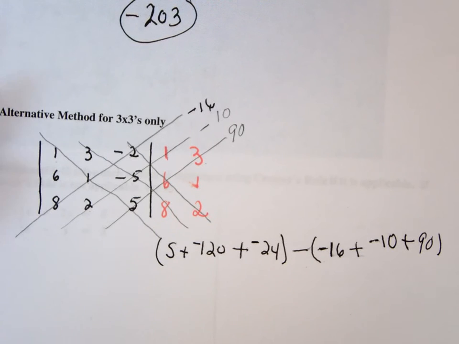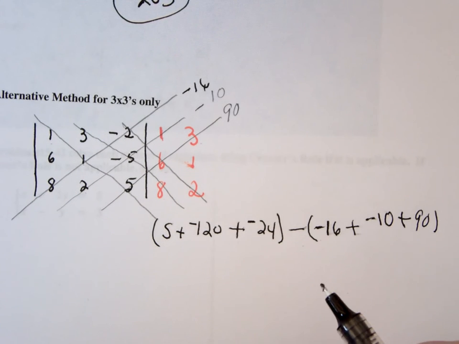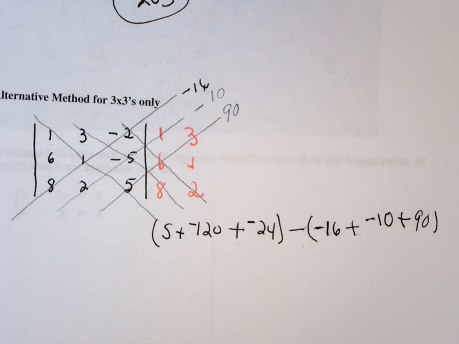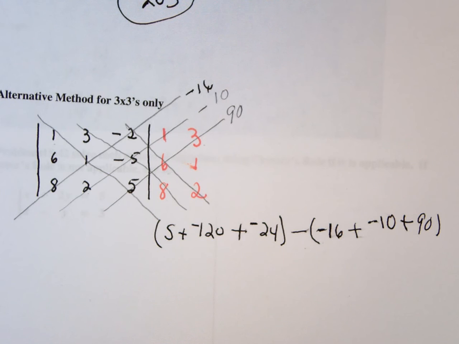Now, if I've done this correctly, what should I end up with? -203. Well, let's see, I don't know. So this is 5 plus -120 plus -24 is -139.